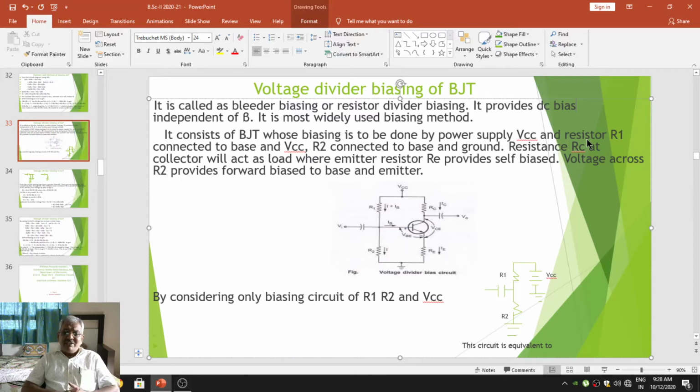So that is why this method is widely used in most of the biasing techniques.